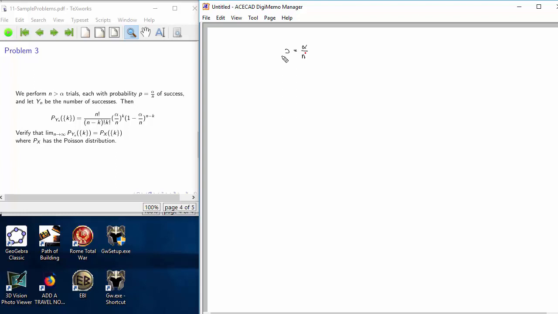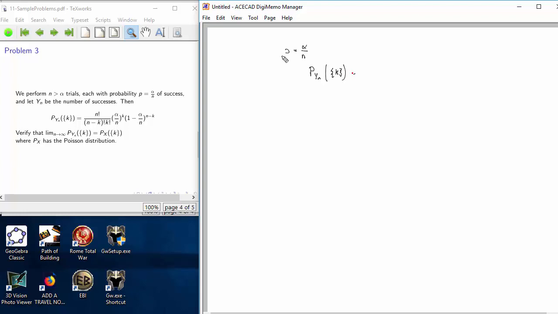The number of successes is clearly a random variable, and although it's already in the statement of the problem, I'm going to write this out in a slightly different way. So the probability of this random variable, the probability for it to have the value of k successes is the following.